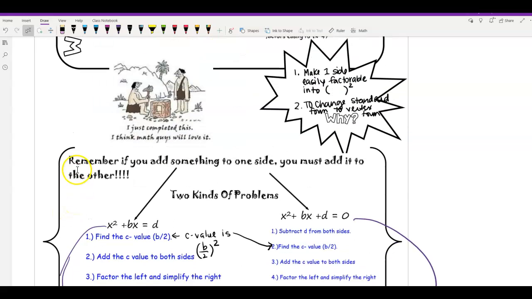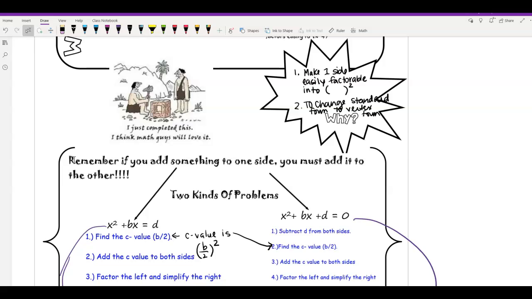So here we go. First of all, these are equations. So if I do anything to one side, I need to make sure that I add it to both sides or subtract it from both sides. Otherwise, it's not an equation anymore. When we do completing the square in this class, we will have two kinds of problems from the start.